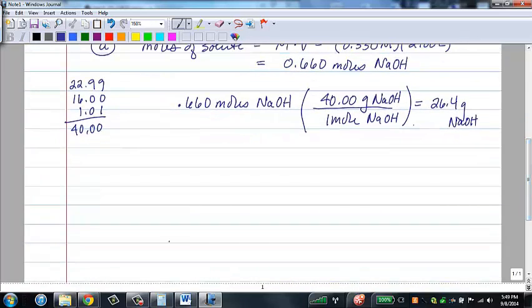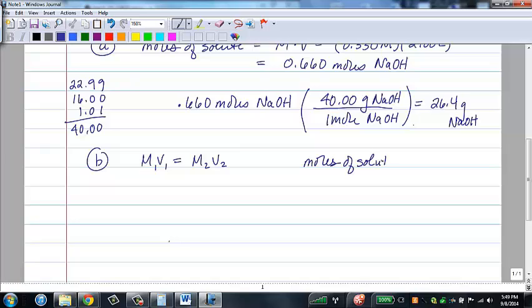If we're doing a dilution problem, you may jump right away to M1 V1 equals M2 V2, but just as a reminder, it's important that you know where that comes from. When you're making a new solution with a lower concentration from an older solution that has a higher concentration, the key thing to remember is that the moles of solute before the dilution are equal to the moles of the solute after the dilution.